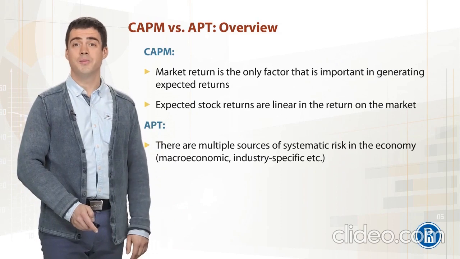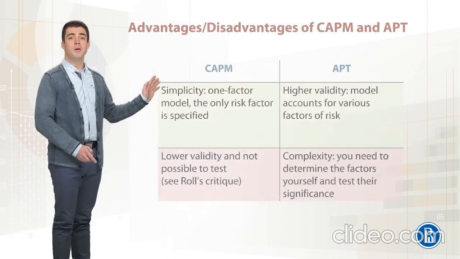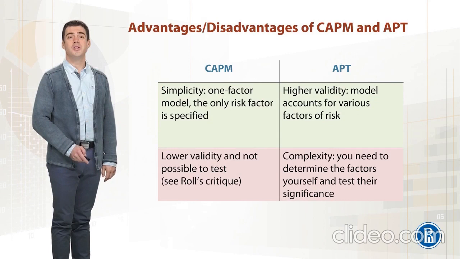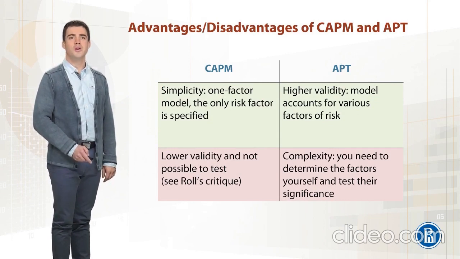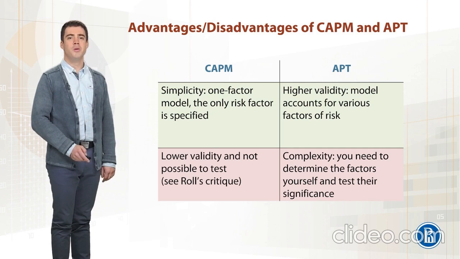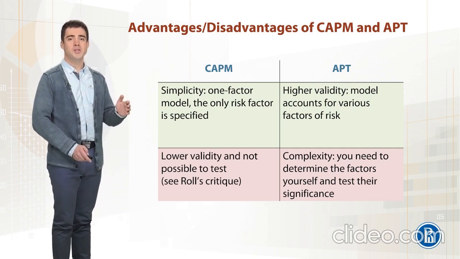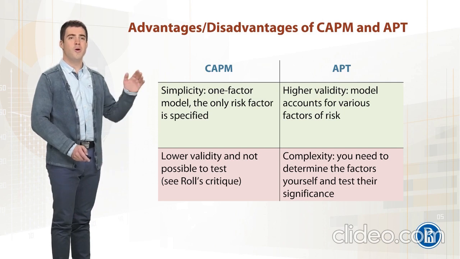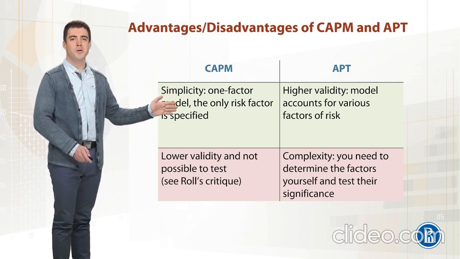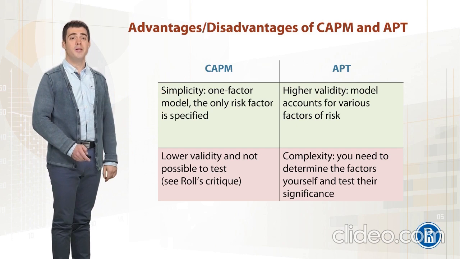industry or sector. Here in this table, I would like to summarize the key advantages and disadvantages of using the capital asset pricing model and the arbitrage pricing theory in order to determine the relationship between risks and returns. Practically, the advantages of one model correspond to the disadvantages of the other.